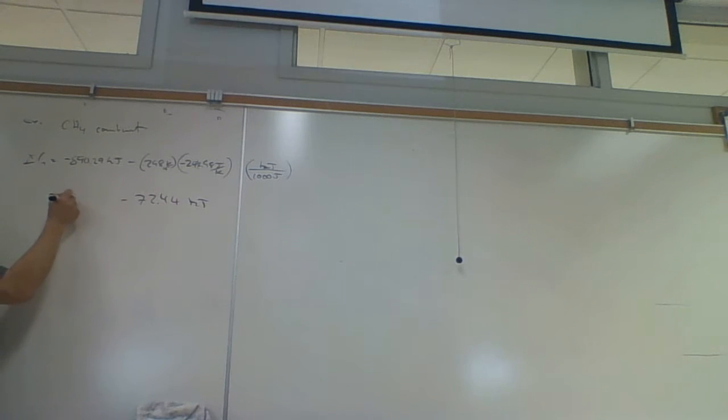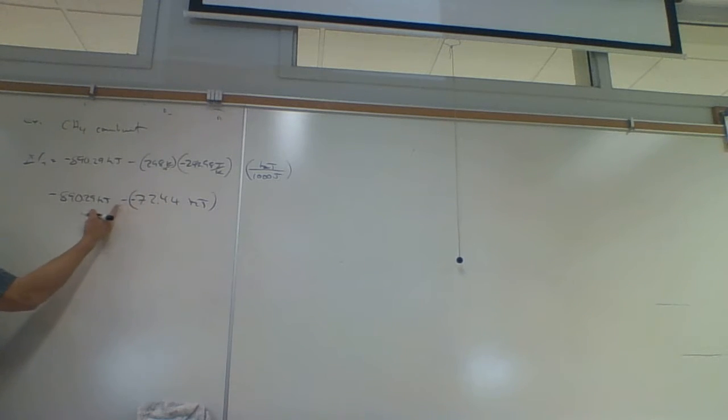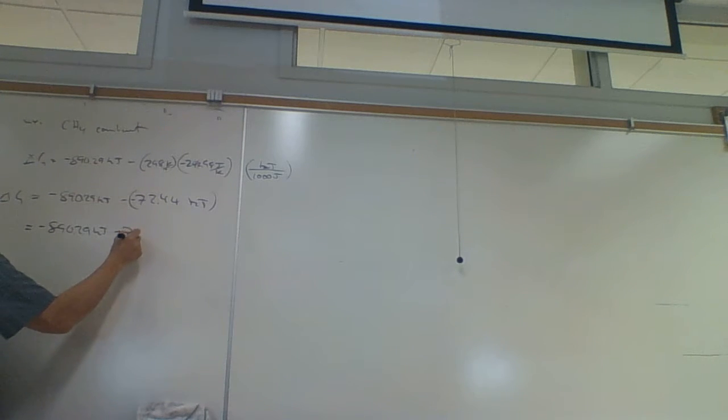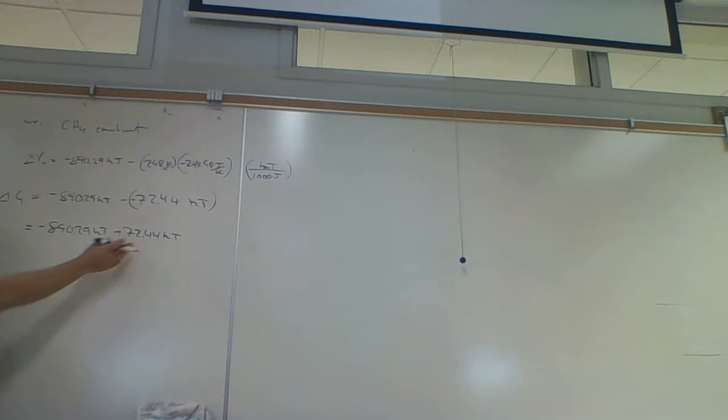The energy term is minus 890.29 kilojoules here. It's a minus, so a minus, that's not favorable because that's going to give us a plus. And so we end up with minus 890.29 kilojoules, that's good, plus 72.44 kilojoules, that's not good. But it's not big enough to prevent this from happening.